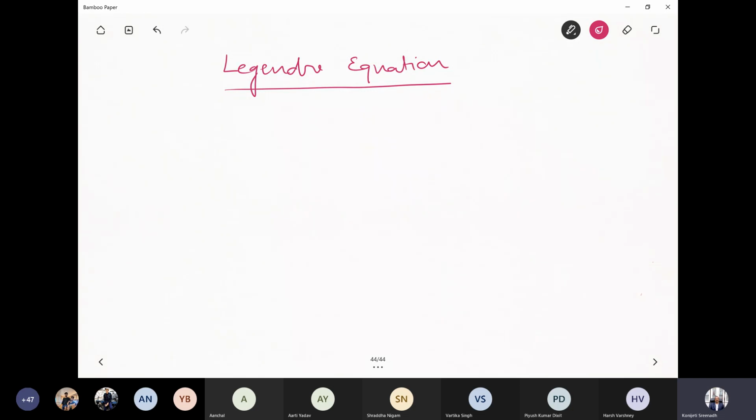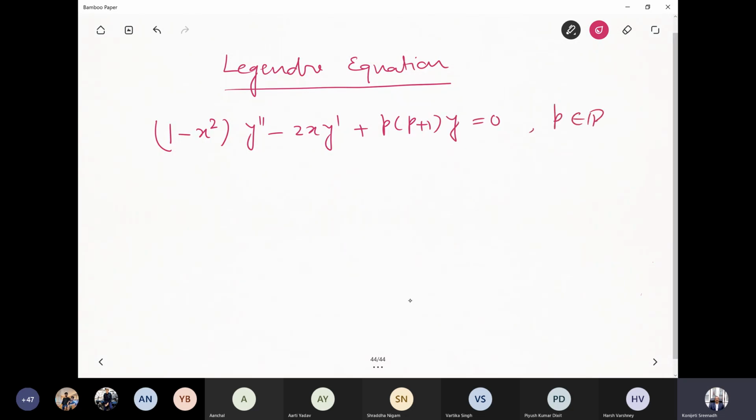Okay, so the Legendre equation. The Legendre equation is the equation which is like this: (1 minus x squared) y double prime minus 2x y prime plus p(p plus 1) y equals 0, where p is a scalar.